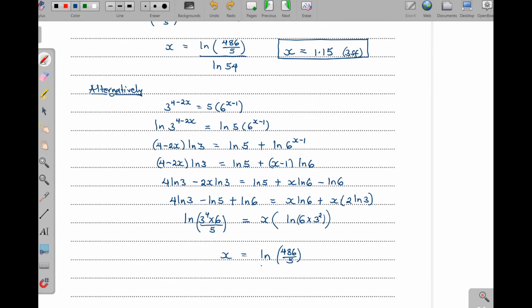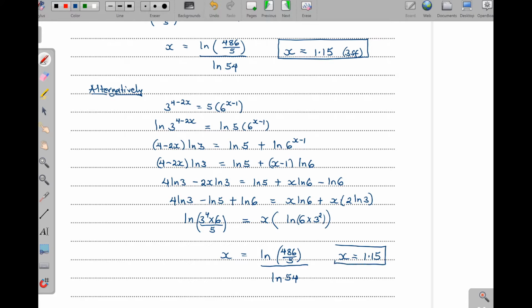Then we divide by, this is 6 times 9, that is 54. So natural log of 54. And this is exactly what we are having up here, so the answer has to be 1.15.